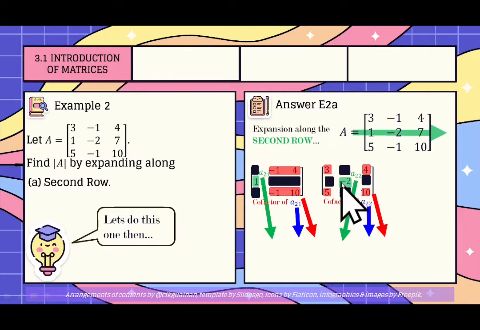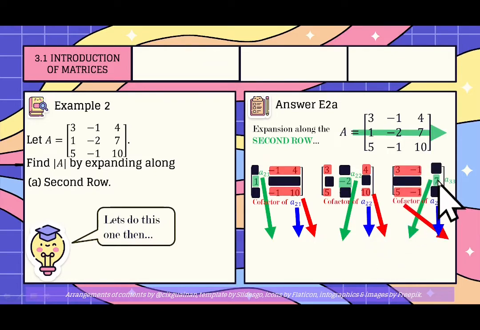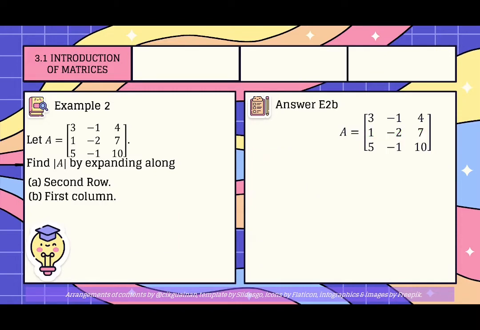The green box is the element, and the red boxes are the cofactor. The green box here is the third element and its cofactor. We put them inside the working accordingly, and we get the answer of minus 28.